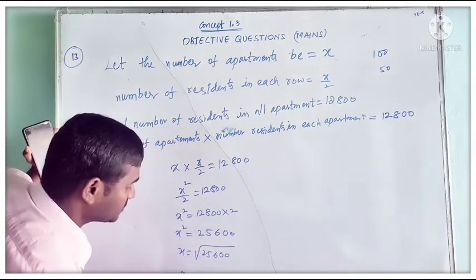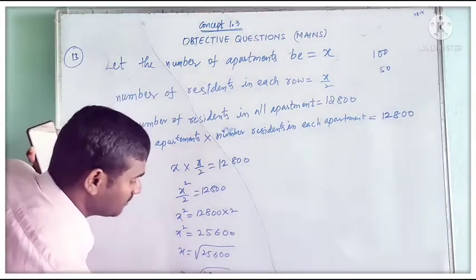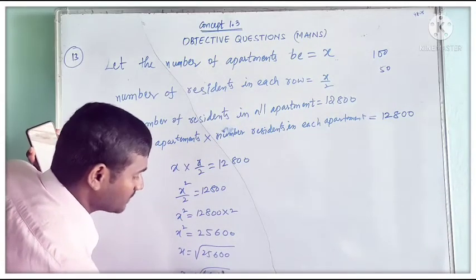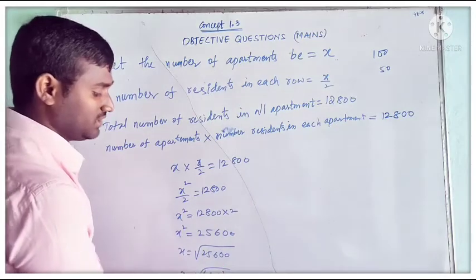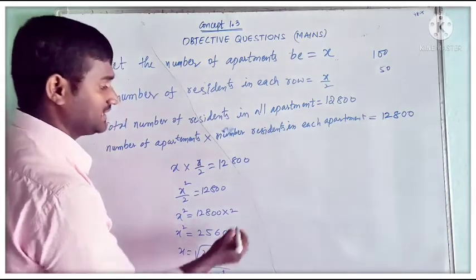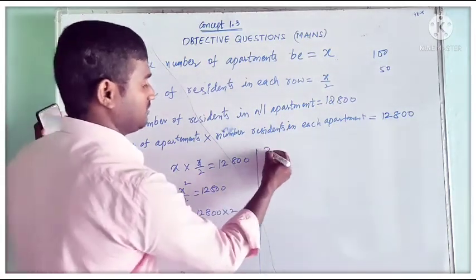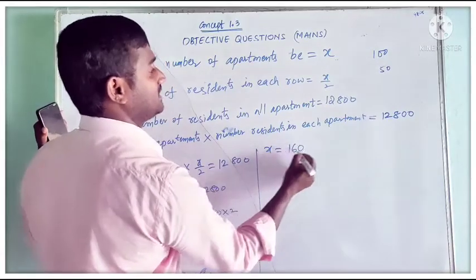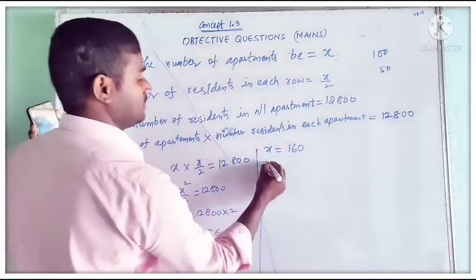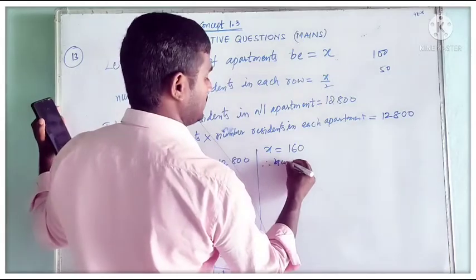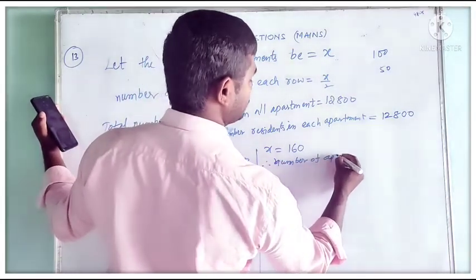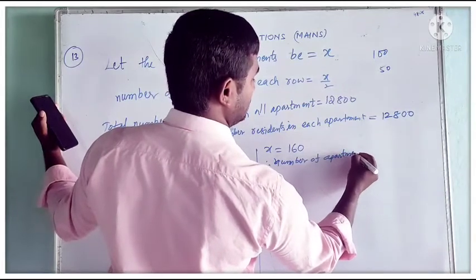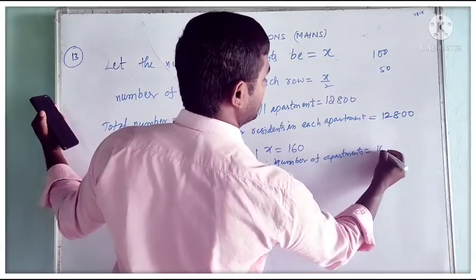Then X is the square root of this. We can write 25,600 as 160 whole square, square root cancels. Then X is equal to how much? 160. So X is what? The number of apartments. Therefore, number of apartments we have is equal to 160.